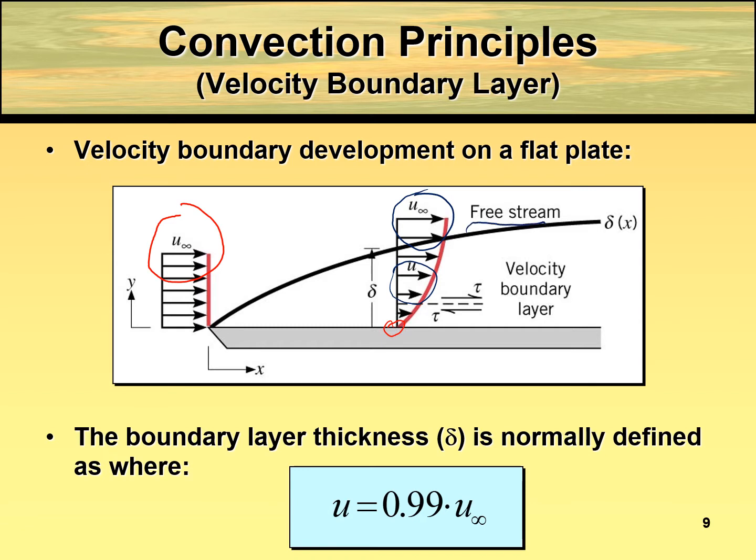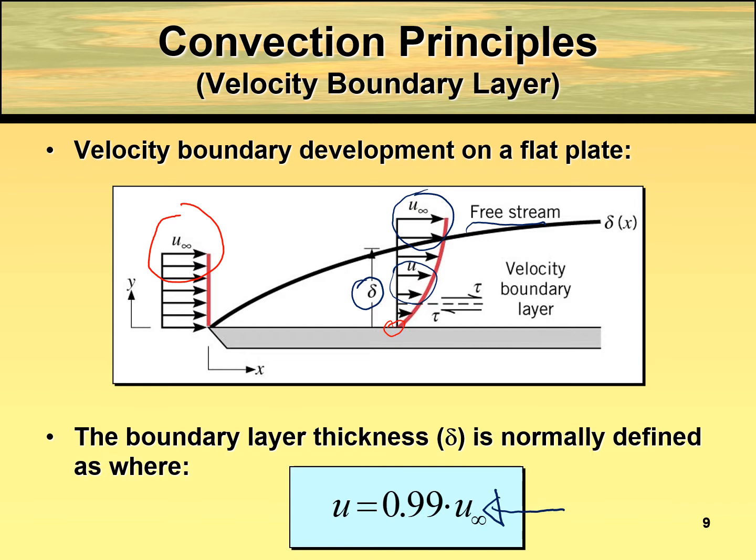The boundary layer thickness is considered when the velocity in the y direction is equal to 99%, or 0.99, of the free stream velocity.